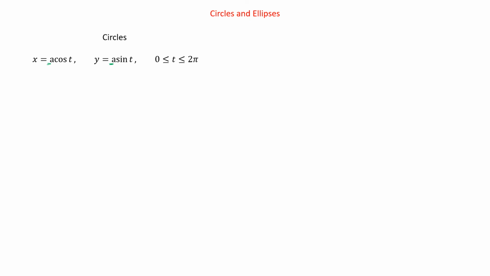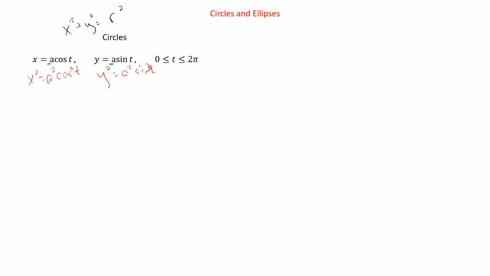But to show that these are a circle, to change it back into a rectangular or Cartesian coordinate, let's remember that the equation for a circle was x squared plus y squared equals r squared. All right, well, I have x and I have y. Let's square them. So here, x squared will equal a squared cosine squared t, because we have to square both pieces. y squared will equal a squared sine squared t.